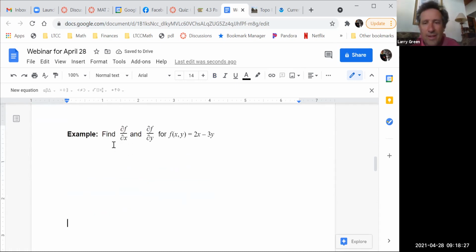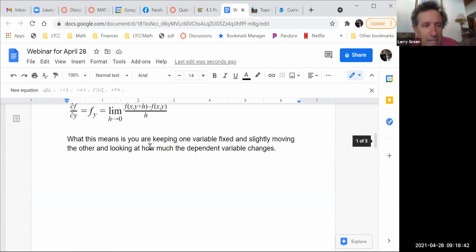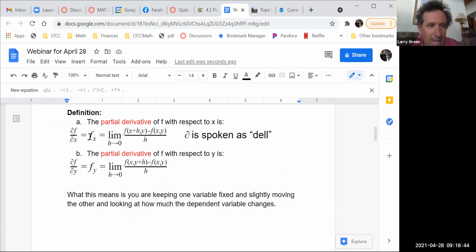Okay, so here's the example. We want to find del f over del x and del f over del y for f of x y equals 2x minus 3y. So I'm going to do del f over del x first. And what I'm going to do, I think is the easiest, copy and paste.